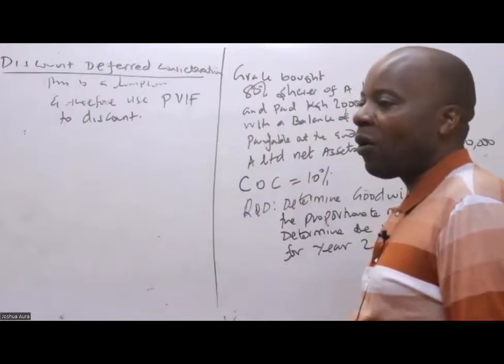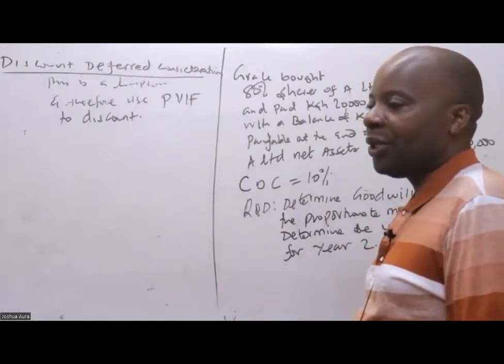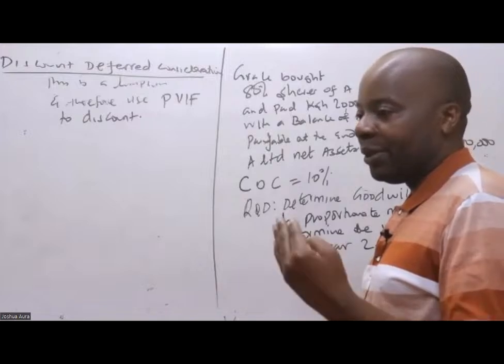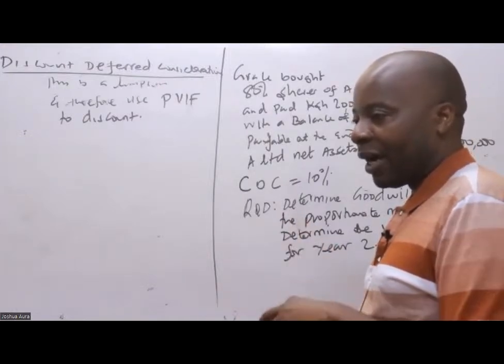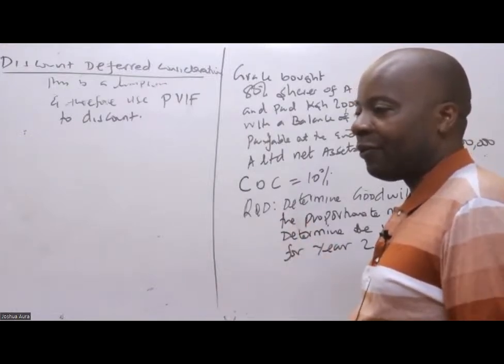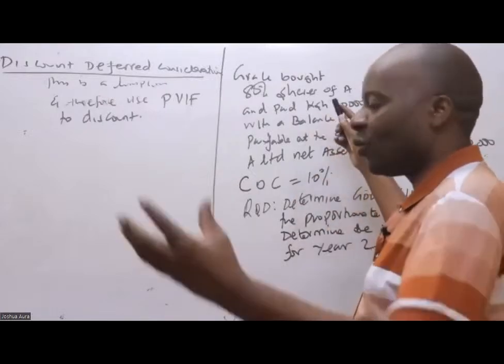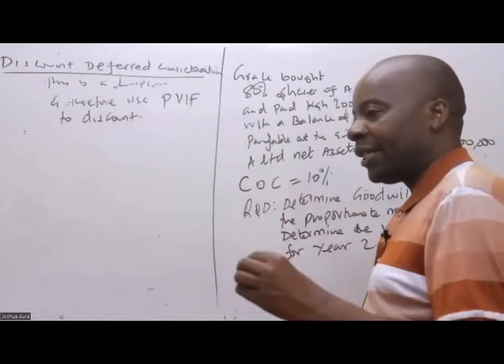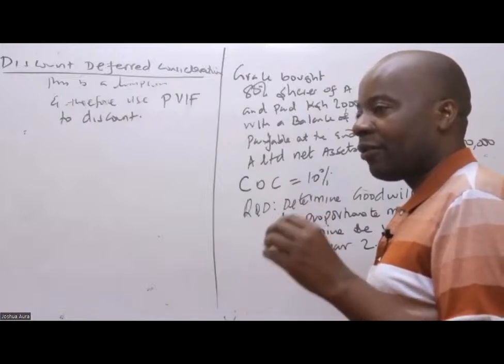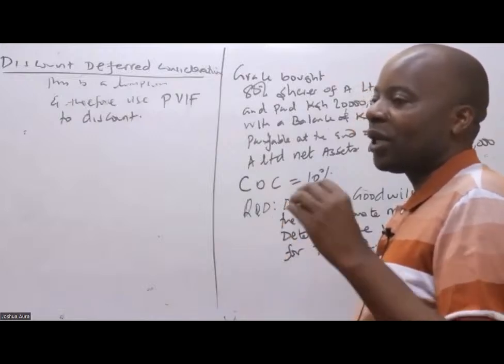PVIF stands for present value interest factor. Remember, we have PVIF and PVFA. So here we shall use PVIF because this is a lump sum, one-off amount.